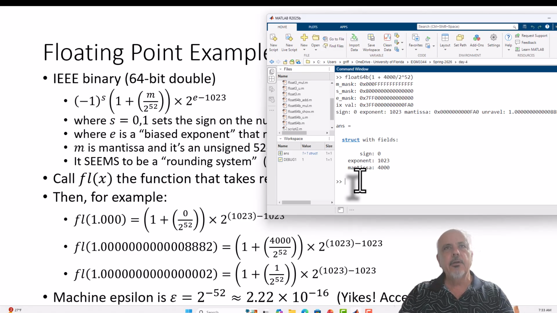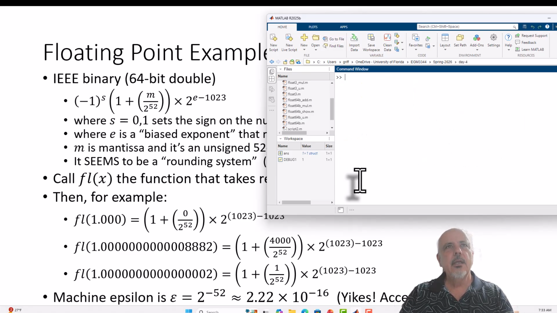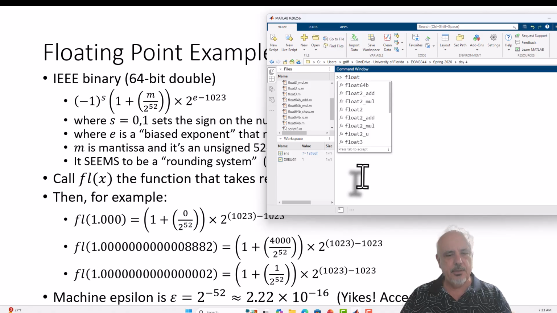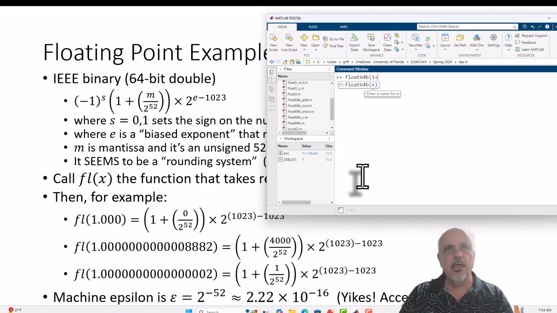Okay, so let me clear command. I want to do the last one on this page. It's going to be float64b of 1 plus 1 divided by 2 to the 52 power.